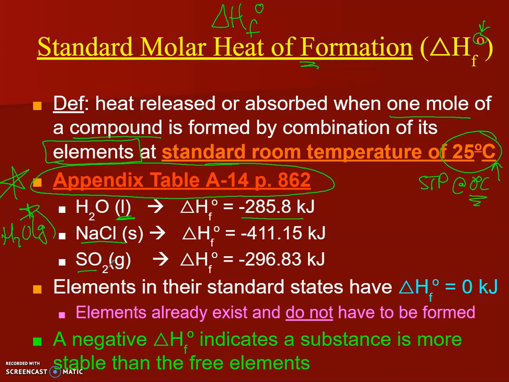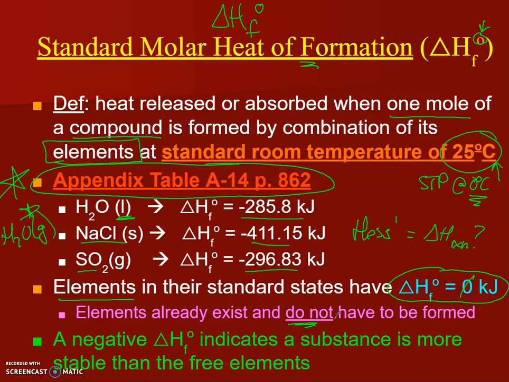So you see these values that we will later on use in Hess's law in order to determine what the delta H of the reaction is going to be. All right, you'll see that the heat of formation for any type of element is going to be 0 because the elements exist in a certain quantity here on Earth.